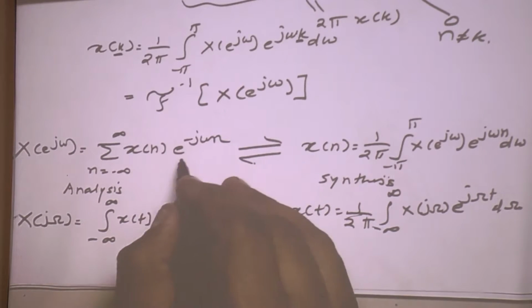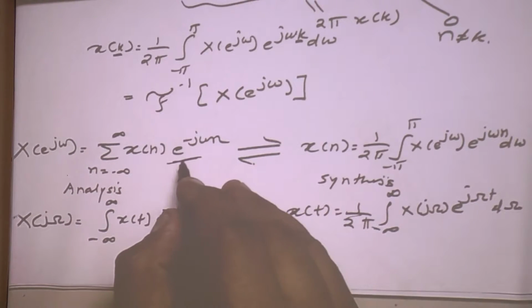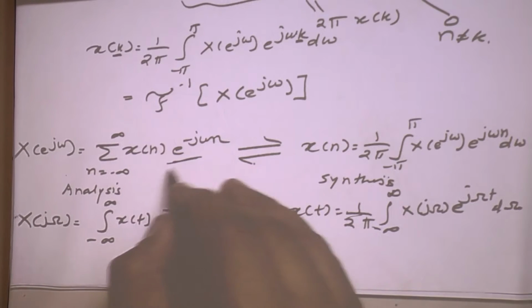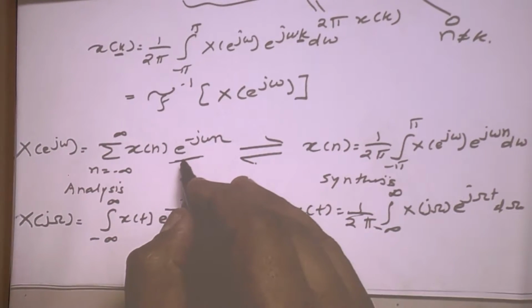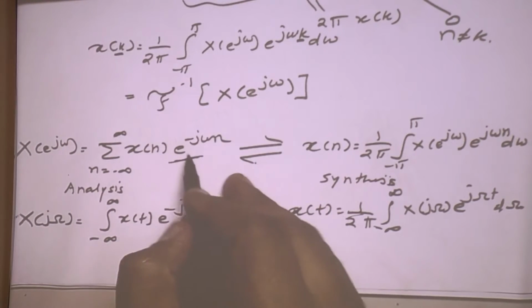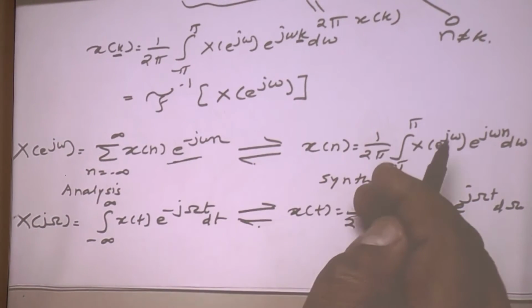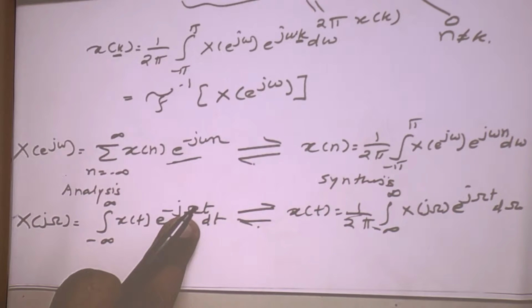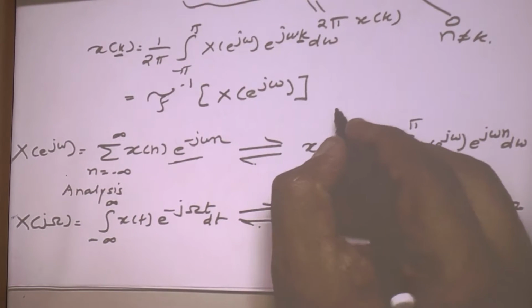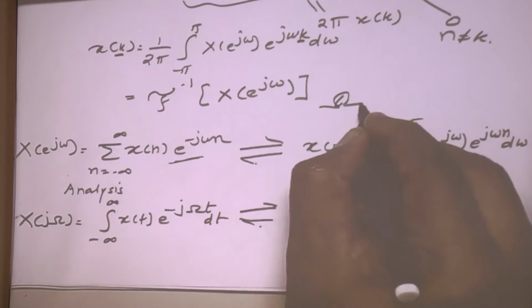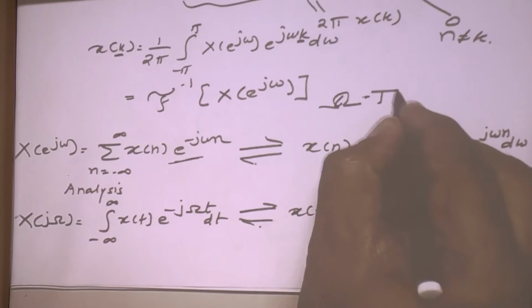Here also I am multiplying this x of n by a complex exponential, an infinite dimension complex exponential, but here it is e to the power minus j small omega n, where small omega is capital omega times capital T, which was the sampling interval. The relationship was capital omega times T is equal to small omega.